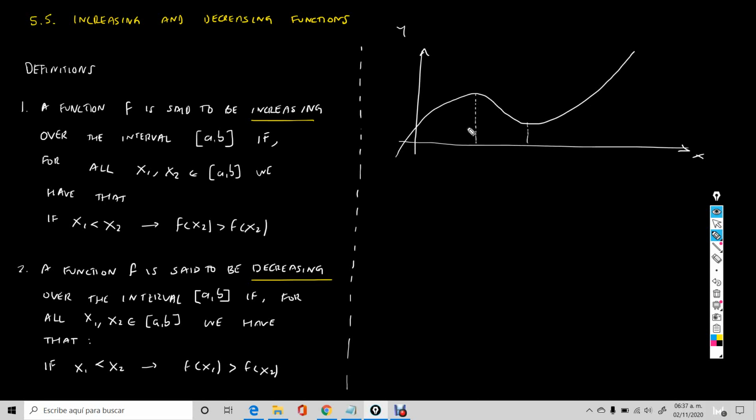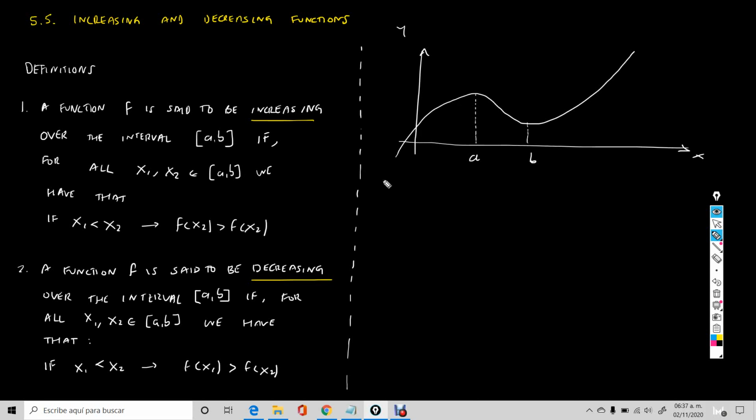And we can realize something right away. In this part, you can actually think that this is like a roller coaster, okay? And from minus infinity to this point, which let's label A, and this let's label B, you can see that if you were displacing from left to right in the x-axis, the function is increasing, okay?